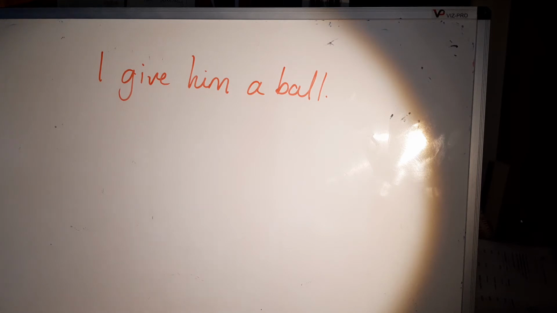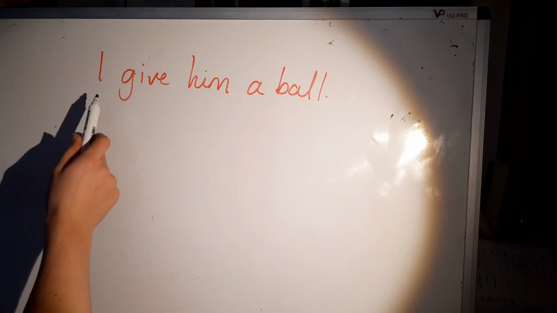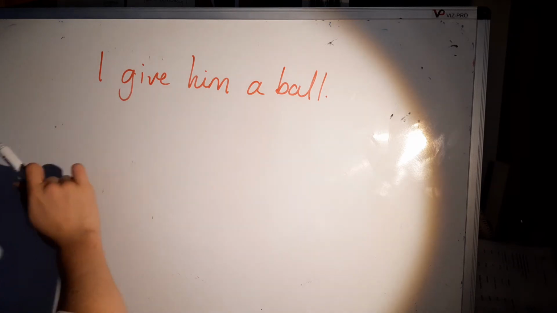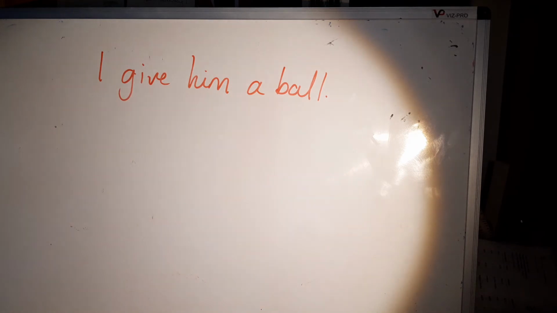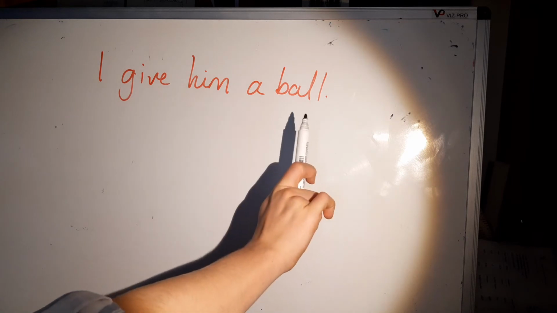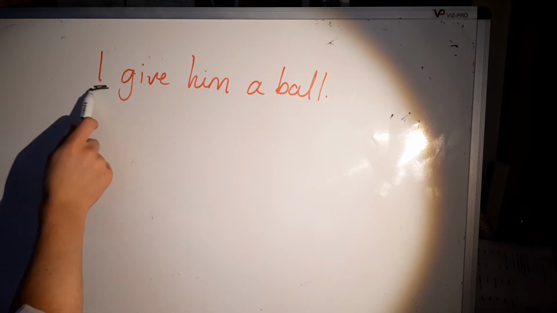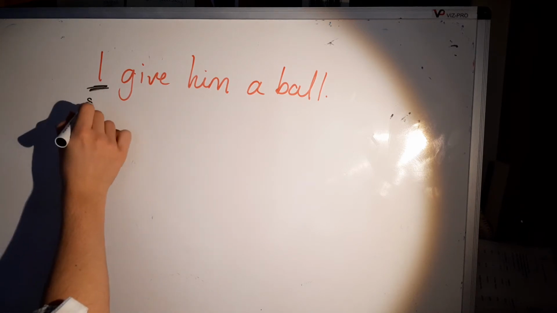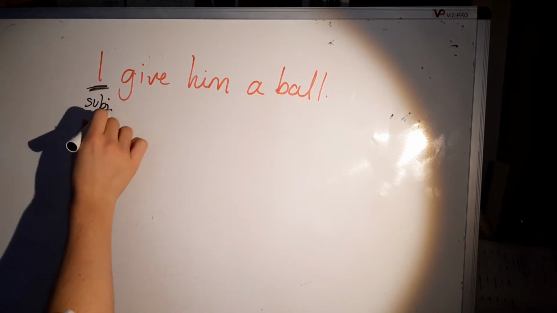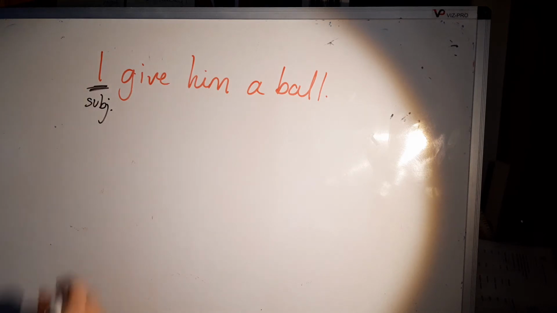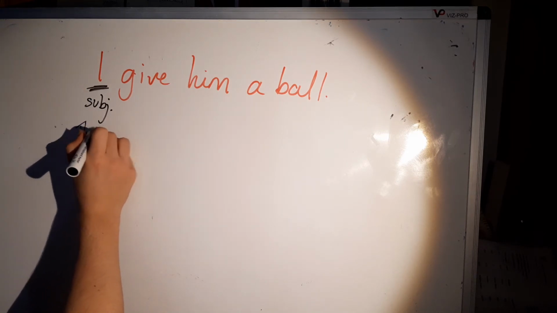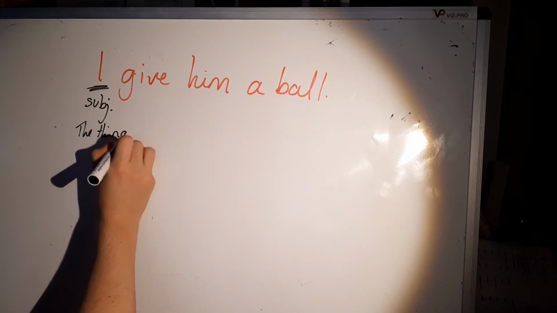In English, if you want to pause the video, you can, and we'll work through this. Do you know which one is the subject? You can pause it here if you want and have a guess. Okay, have you guessed? It's I. And the reason it's I, which I'm going to put subj by, is because I is the thing that is doing the thing. The thing which does.